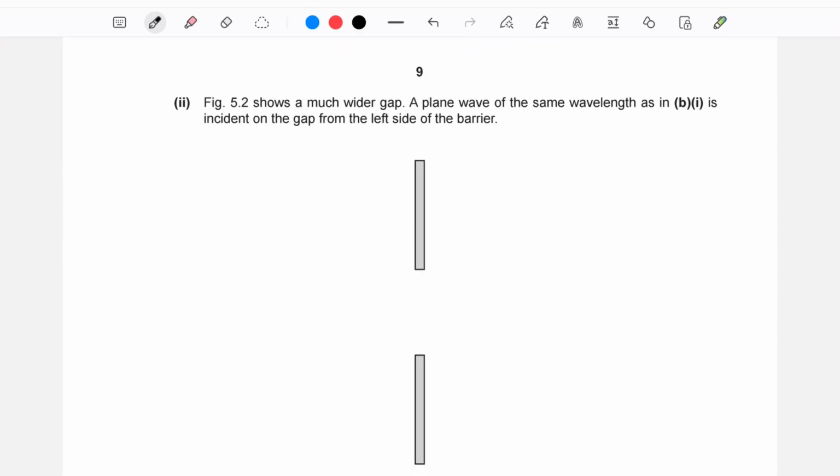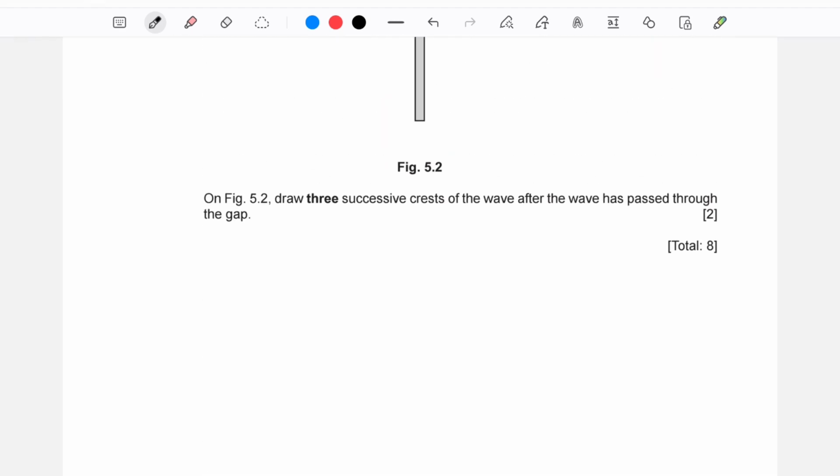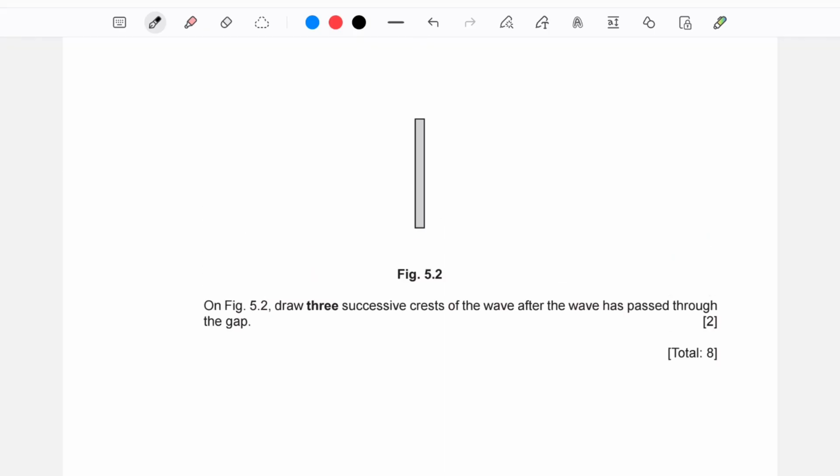Figure 5.2 shows a much wider gap. A plane wave of the same wavelength as B1 is incident on the gap from the left side of the barrier. On figure 5.2, draw 3 successive crests of a wave after the wave has passed through the gap.